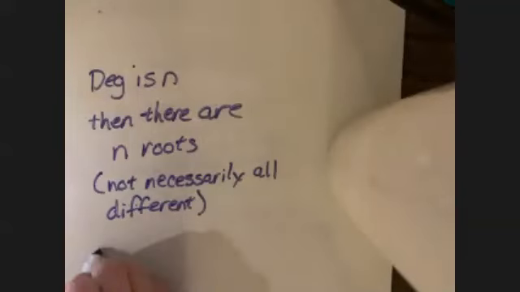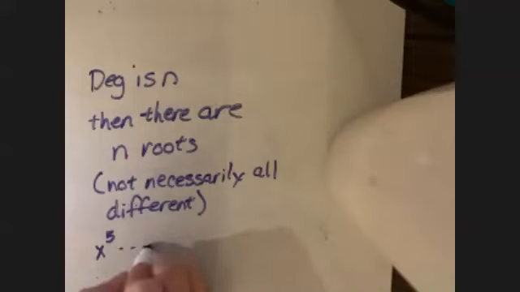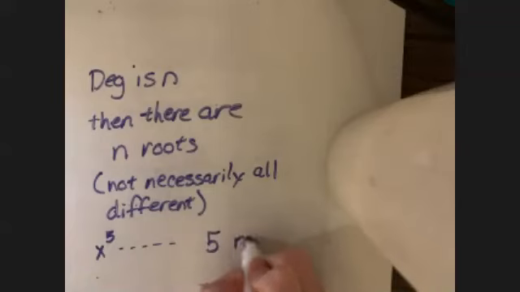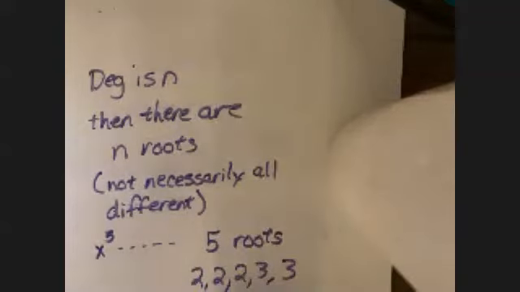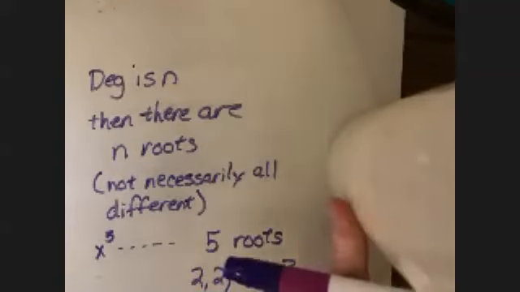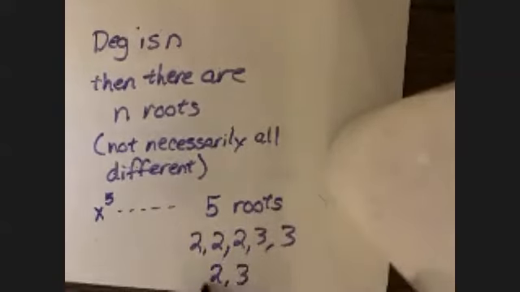So for example, if I had something like x to the 5th, there are 5 roots, but they may be 2, 2, 2, 3, 3. So I would technically only say 2 and 3, but if I count them separately, I get all 5 of them.